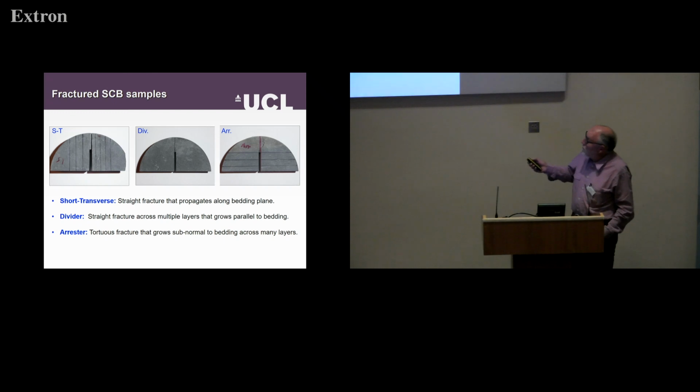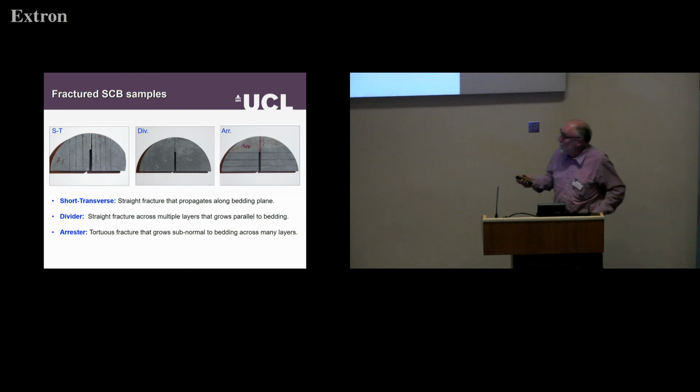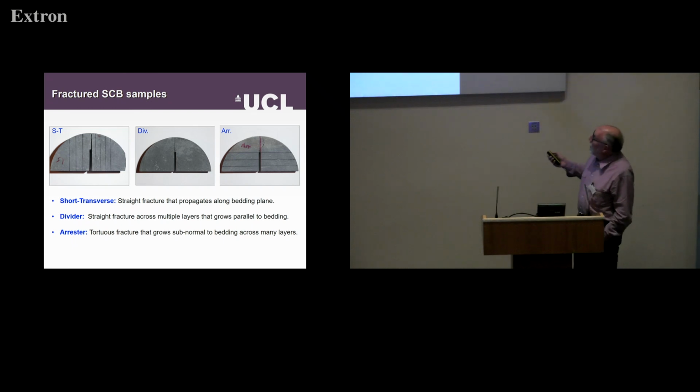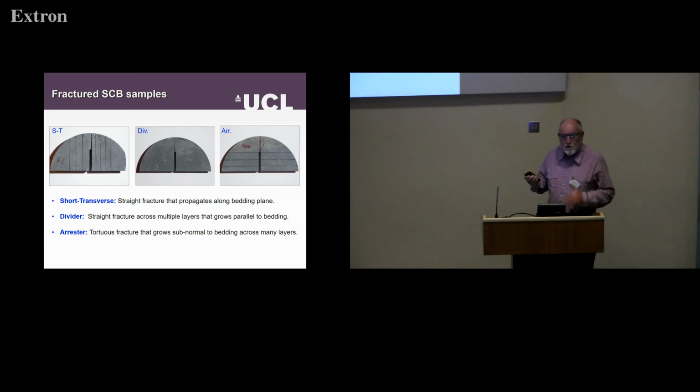We also get straight fractures, but the fractures are growing across multiple layers simultaneously. And in the arrestor direction, we usually get much more tortuous fractures because the fracture is growing across multiple layers, but sequentially rather than simultaneously. So these are always rather more tortuous as the crack finds its way across the layers.